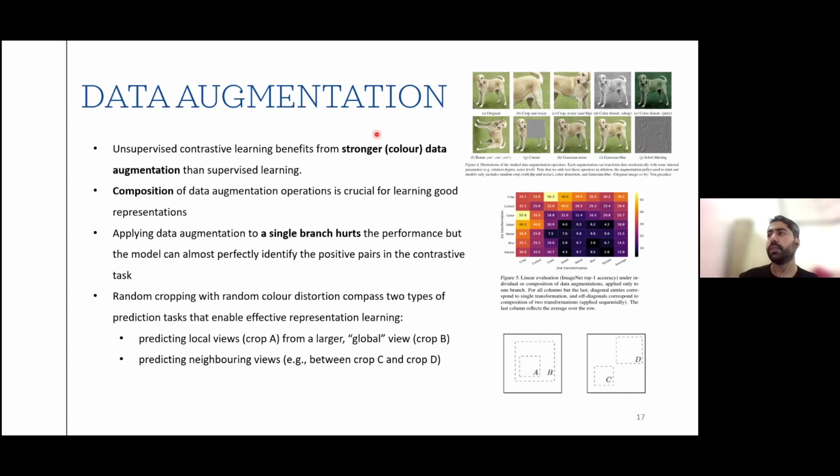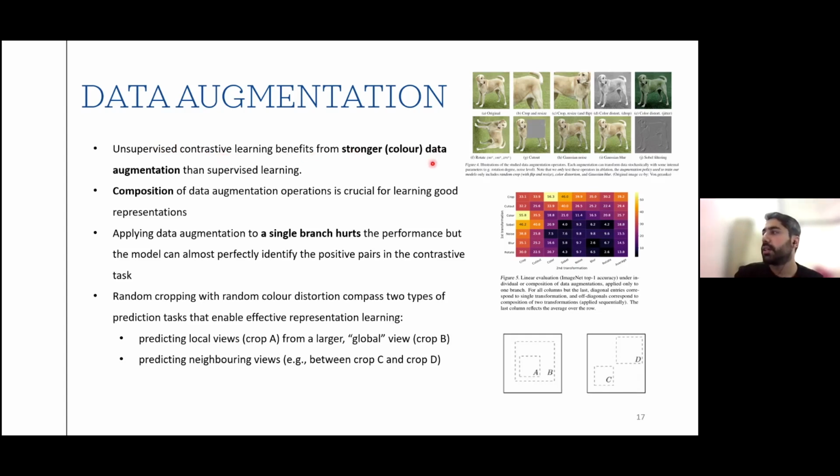There were some ablation studies in which they found that even for supervised learning, data augmentation does help, but it's still not at par. For unsupervised learning, the accuracy would be much higher, and it would keep on increasing.